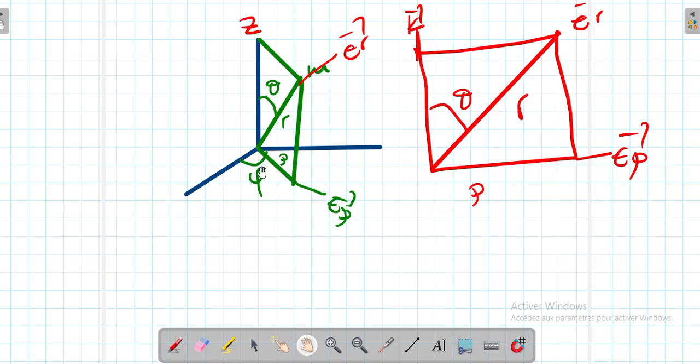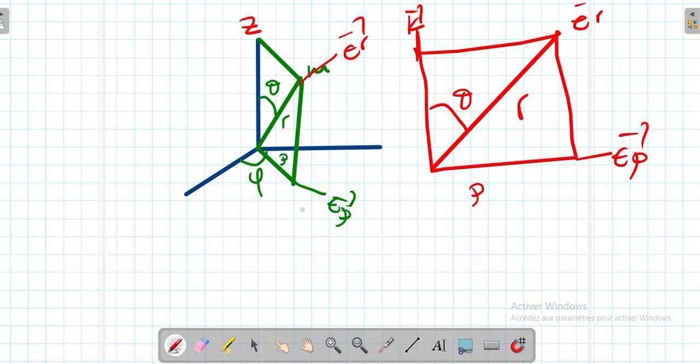The main purpose of doing this is for us to know what this length is and what this length is, which is the same as this length because this is a rectangle. So this length is equal to this length is equal to this length. What we know so far is that this length is rho in the direction of E rho, and this length is r. Now we apply trig identities in the same way.